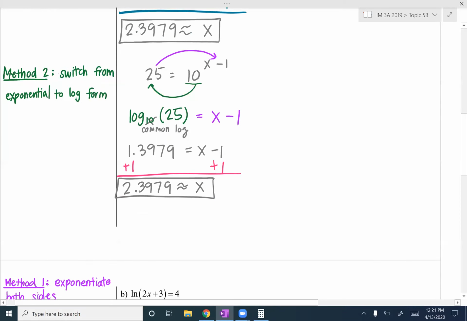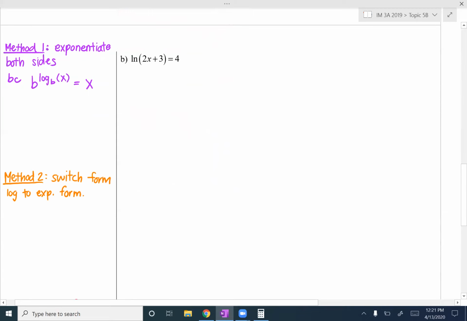Okay, so on the back page, we've got ln of 2x plus 3 equals 4. So the opposite of taking the log of both sides is to exponentiate both sides, which means I'm going to raise it up to a power. And since I have an ln, the base of that is e. This works in the same way that if I have e to the ln of something, that's equal to just that something. So log base b with a base of b is going to cancel and just become that x.